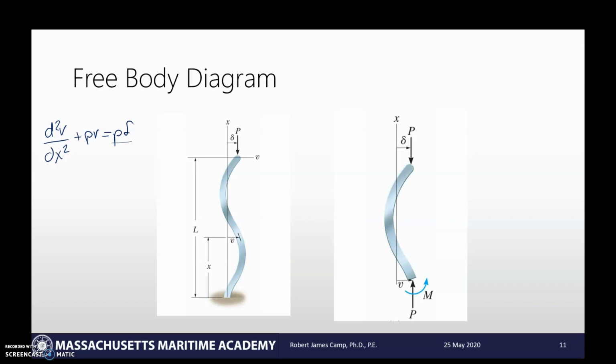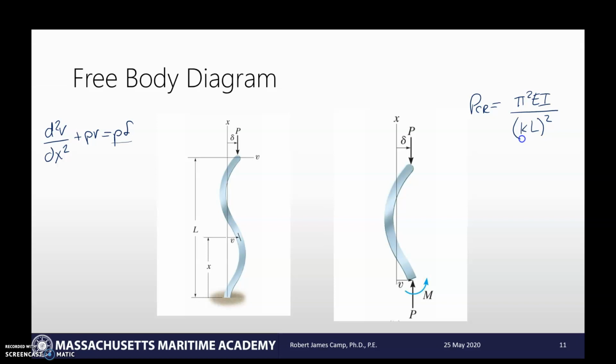Now, what ends up happening as you take a look at this is you're going to end up getting a critical load in roughly the same form of Euler's equation. There's going to be a slight difference, and that difference, which right now we're just going to call K, is some value in there that's going to modify the length of the problem.